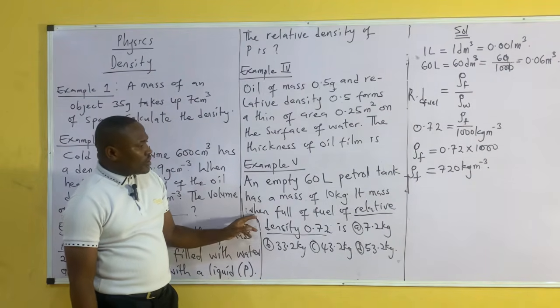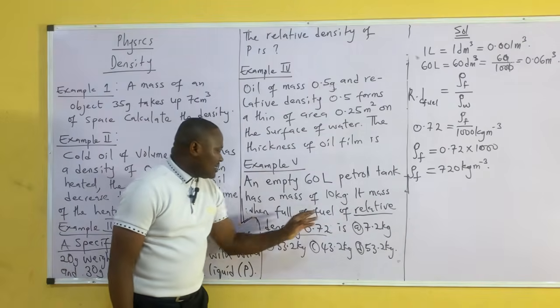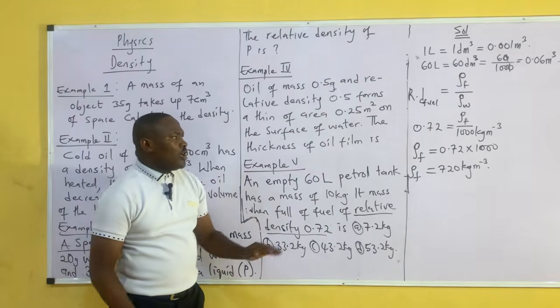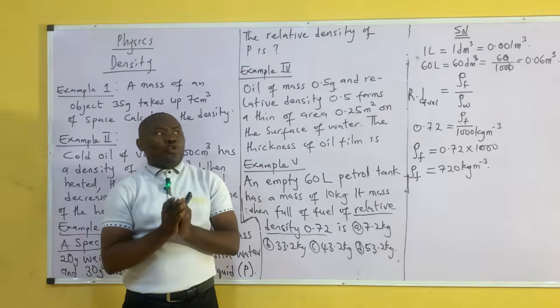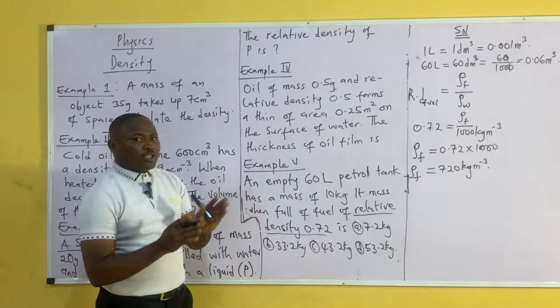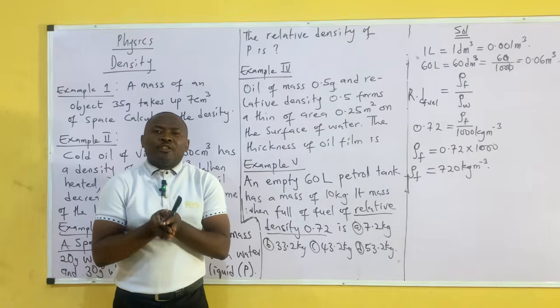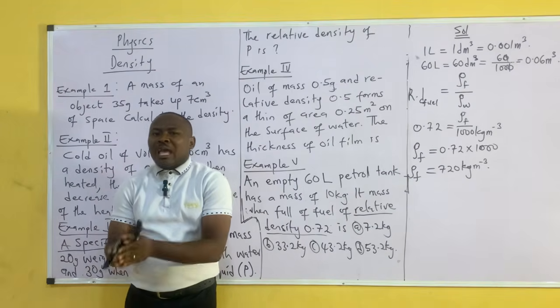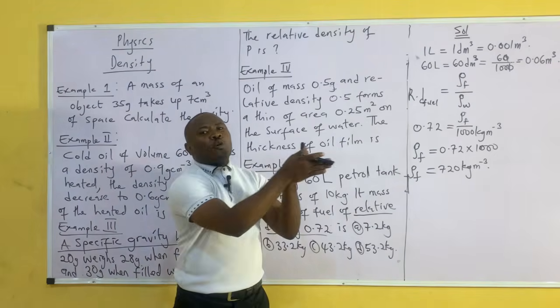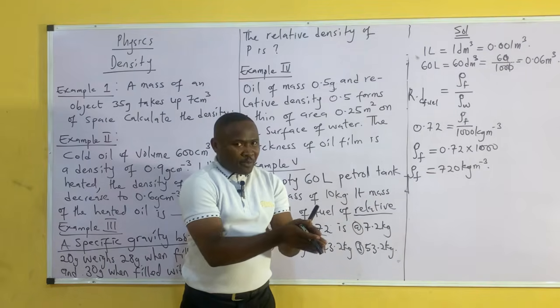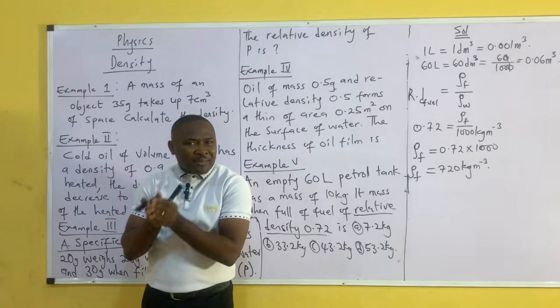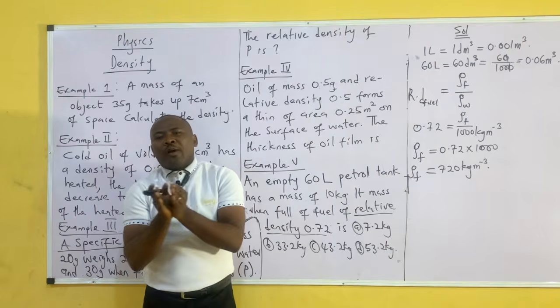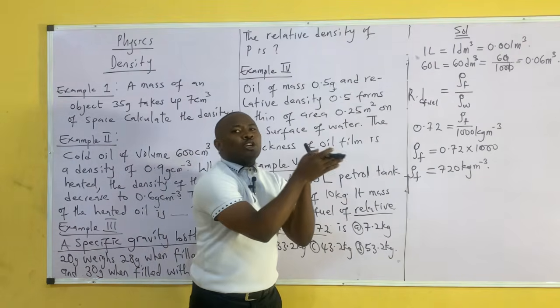Now remember, we are looking for its mass when full with fuel. So if I solve for the mass of the fuel, I will add it to the mass of the container. Remember again, if I solve for the mass of the fuel, I will add it to the mass of the container.